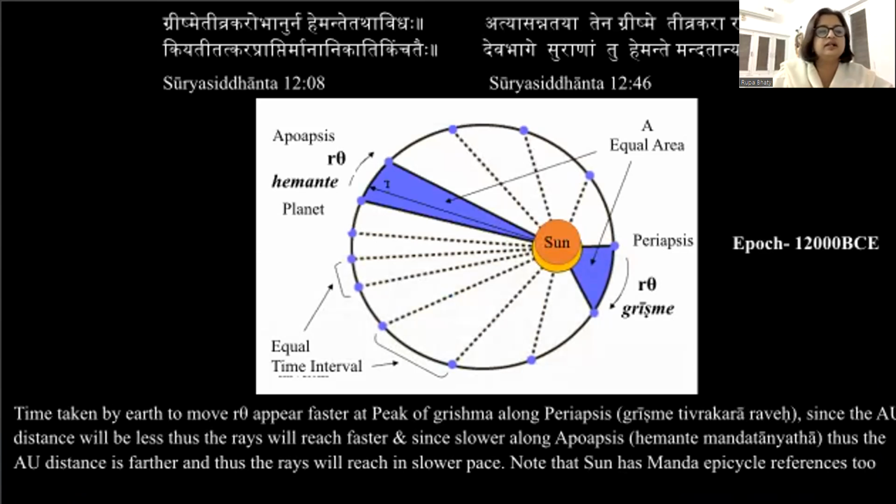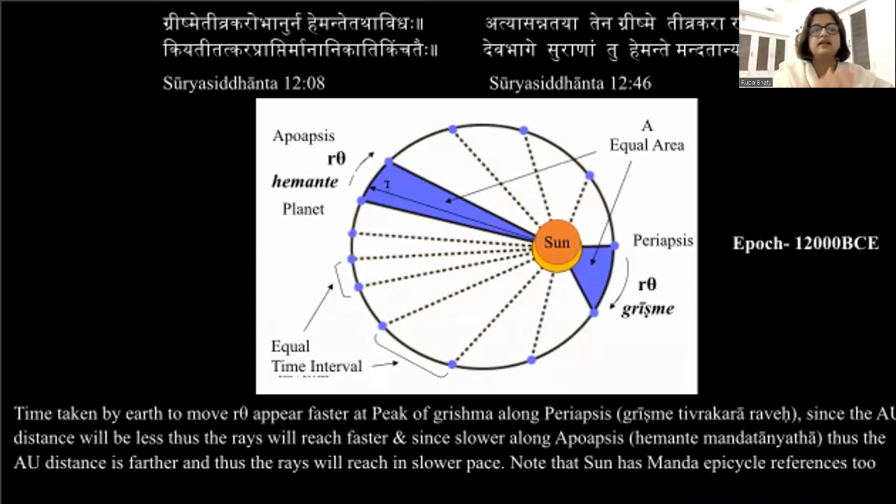So in Surya Siddhanta, it asks: Grishme tivra karo bhanur hemante tatha vidha, kiyatit tak prakara prapti manar nikati kinchatai. That is asking how many types of measurements of the rays are there.